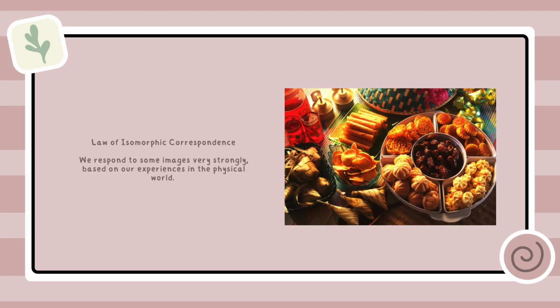The sixth law is the law of isomorphic correspondence. It means that we respond to some images very strongly based on our experience. In the picture provided, we will know that it is Kuih Raya that is served during festivals such as Hari Raya.